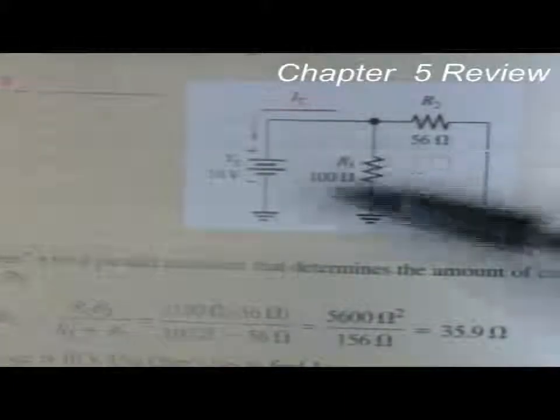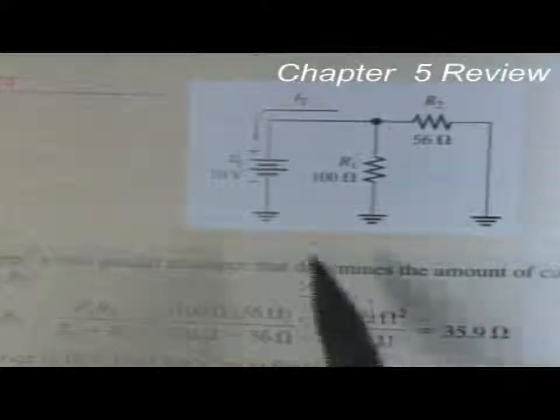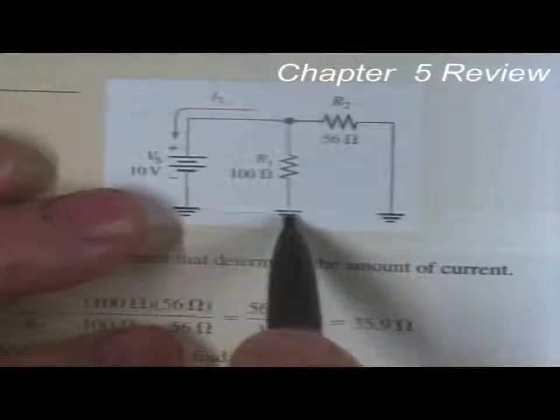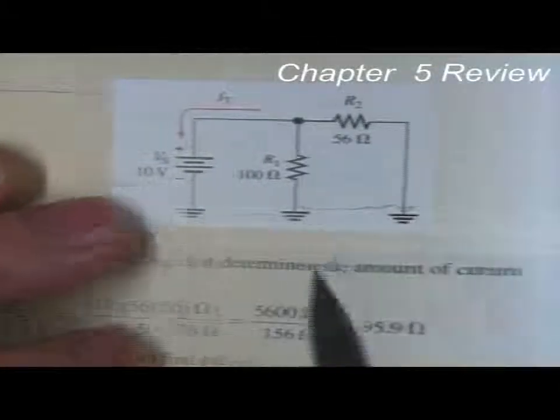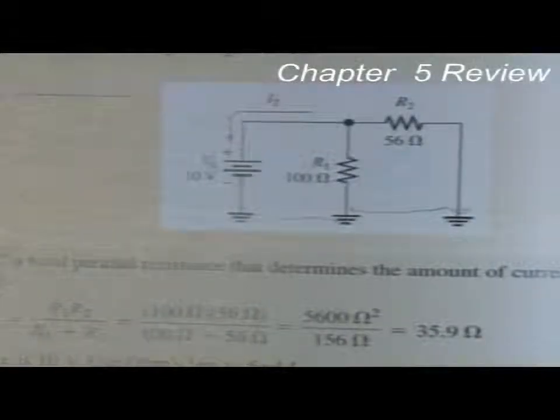Now notice here that current is going to flow the same way. Again, I've discussed this before with you. This ground, you can think of it as one solid wire. All it is, ground in this case, is a piece of metal.